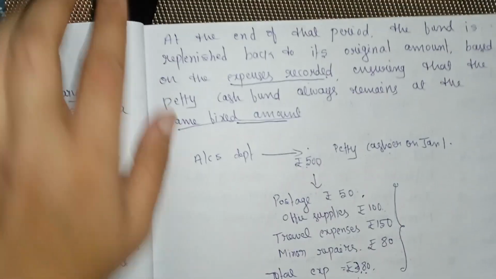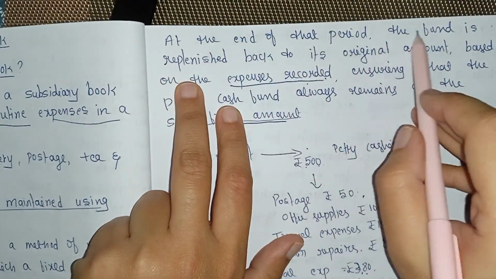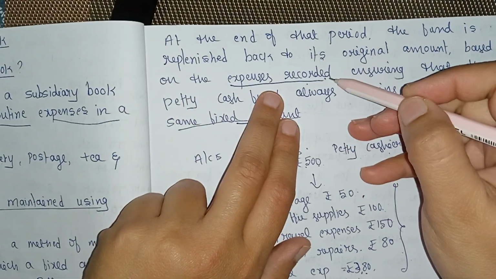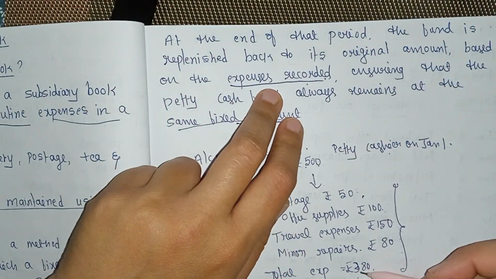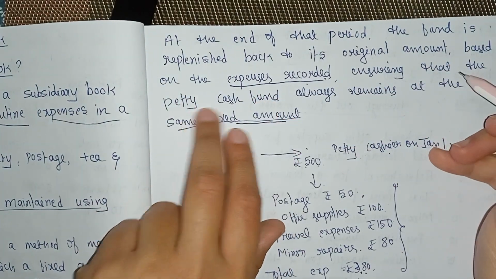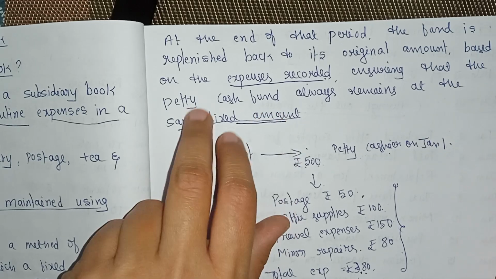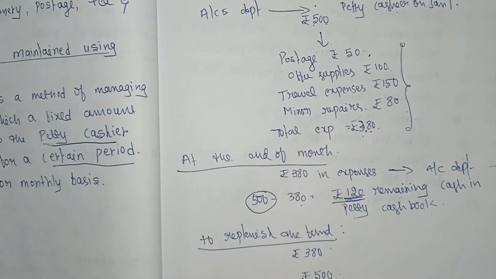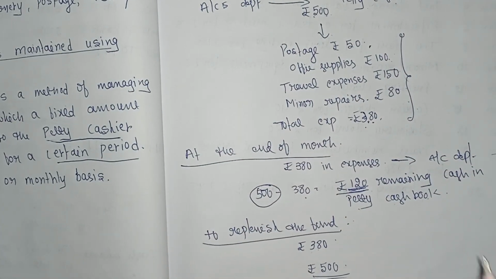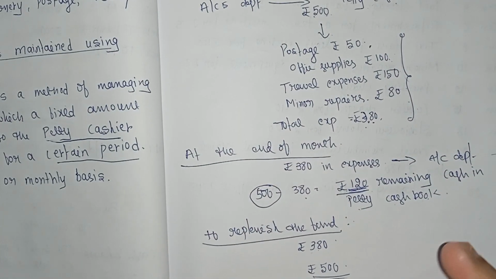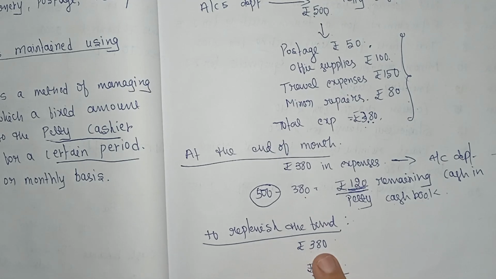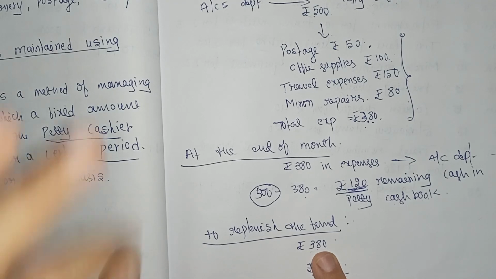But our rule is what? At the end of that period, the fund is replenished back to its original amount based on the expenses recorded, that is rupees 380, ensuring that the petty cash fund always remains at the same fixed amount, that is rupees 500. Here the accounts department, meaning the company, will reimburse the petty cashier with rupees 380 to bring the petty cash fund back up to its original amount of rupees 500.